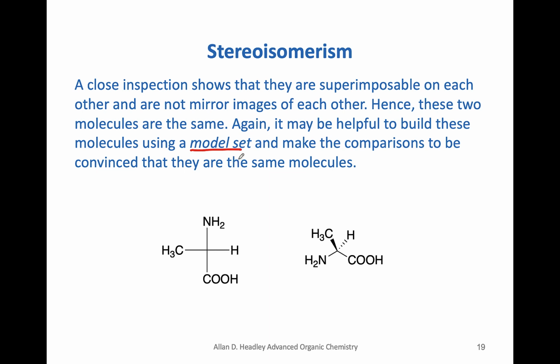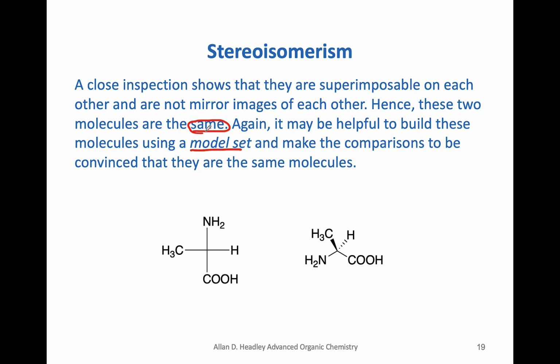Close inspection shows that they are superimposable on each other, hence they are the same. So be able to do that. We'll see in a second that we have a much easier way to determine if two molecules that have the same four different groups bonded to the carbon are enantiomers or the same.